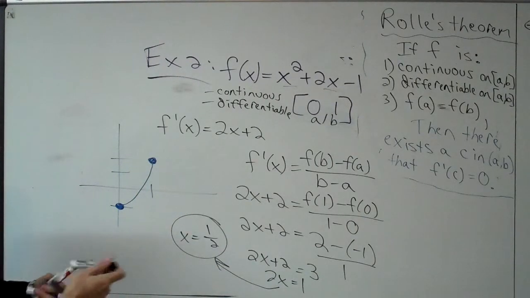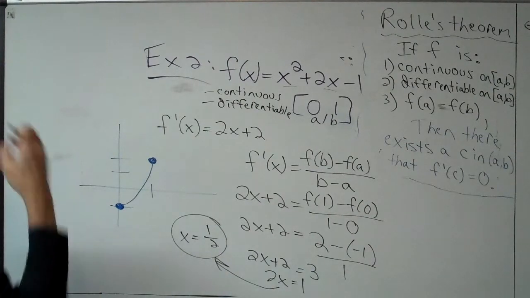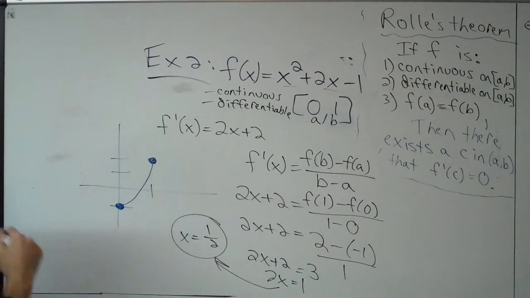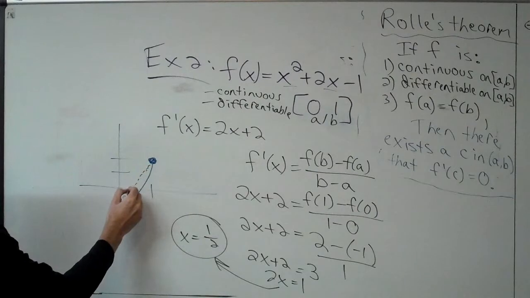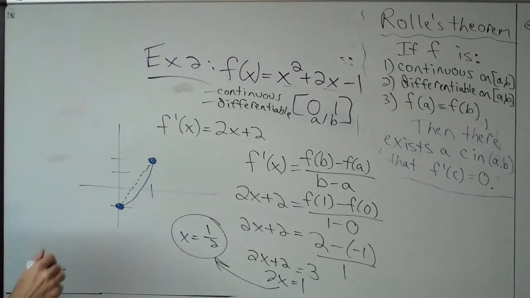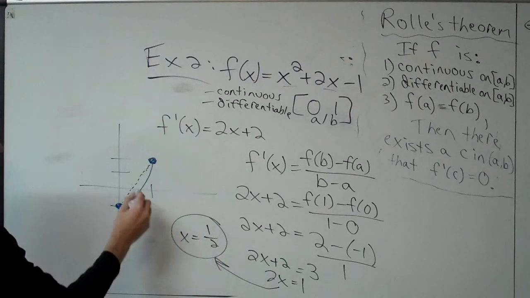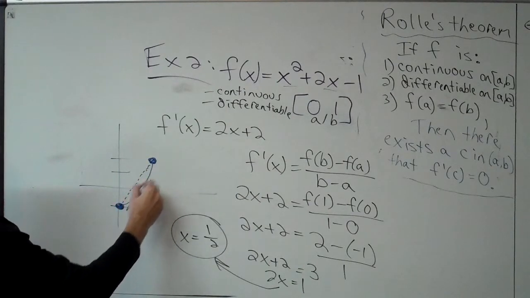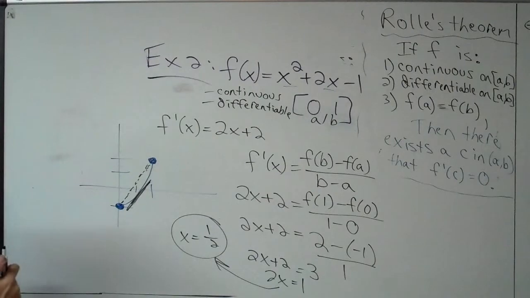We're saying that there is a spot on that interval that has a slope that's exactly the same as the slope that connects the two endpoints. So this slope right here, that's the slope of the secant line. And then we have a spot on the curve, we're saying that it's at 1/2. So right here at 1/2, we're saying that that slope is exactly the same as the slope of the secant line.